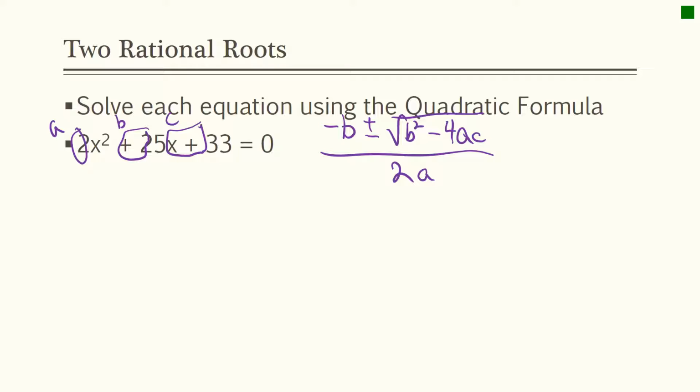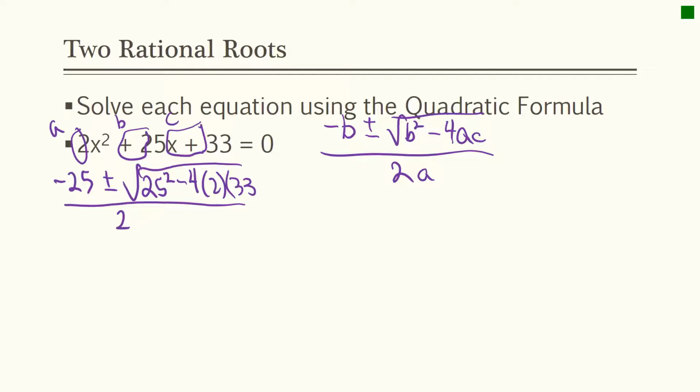So negative b is negative 25 plus or minus the square root of 25 squared minus 4 times 2 times 33, over 2 times 2.